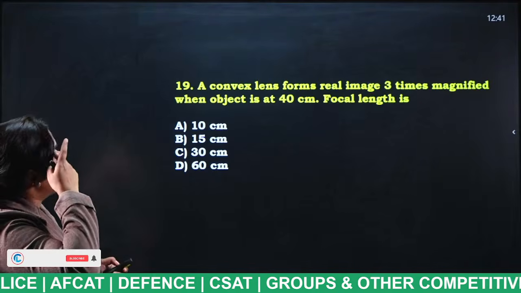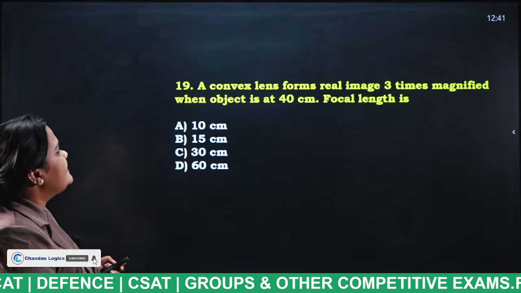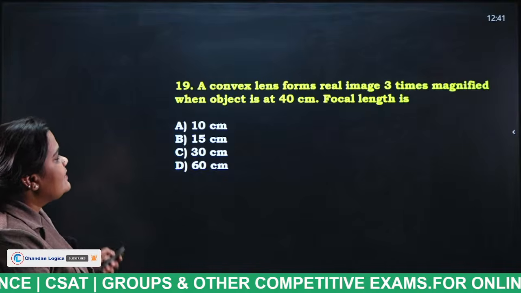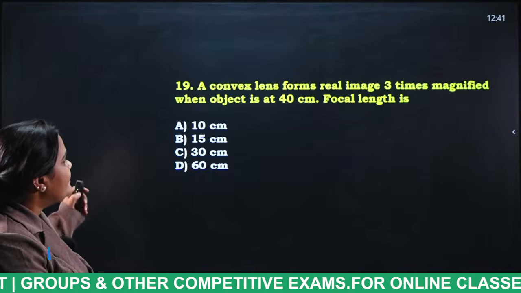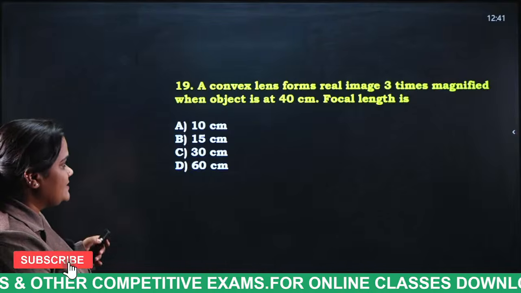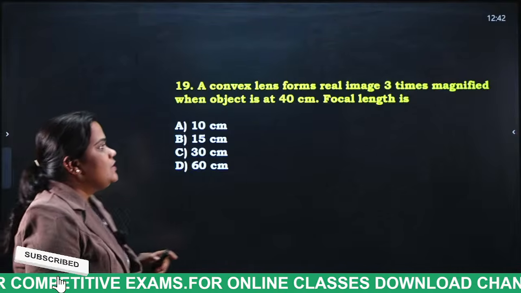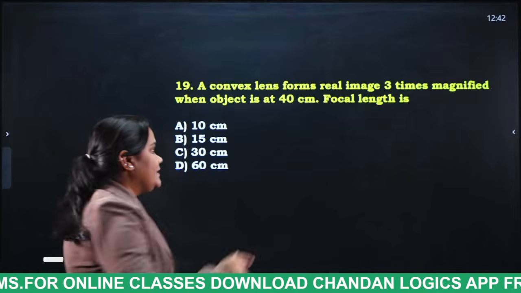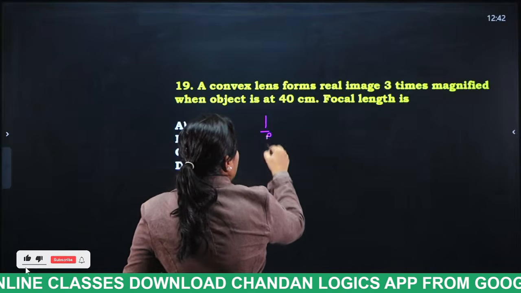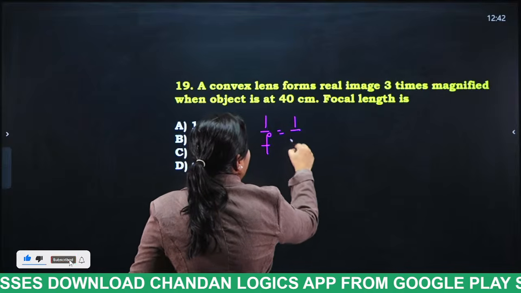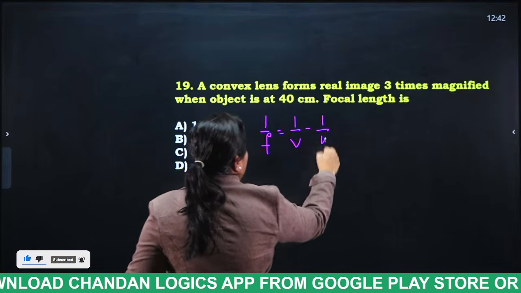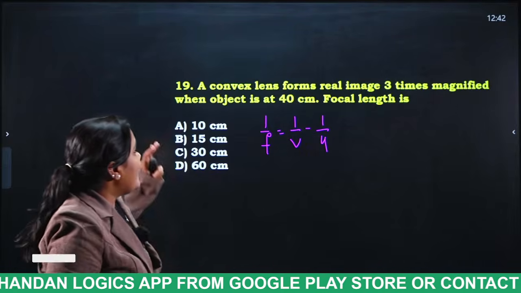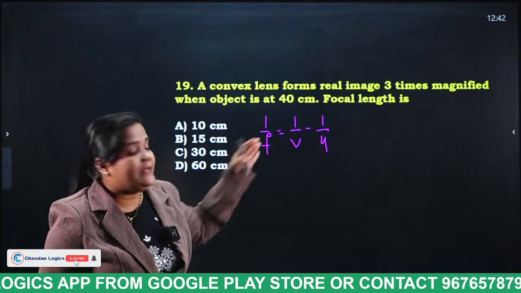A convex lens forms real image 3 times magnified when object is at 40 centimeters. Focal length is? Everybody knows the formula: 1 by f is equal to 1 by v minus 1 by u. They have given that a convex lens forms real image.